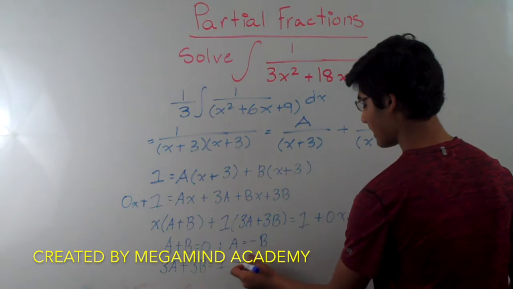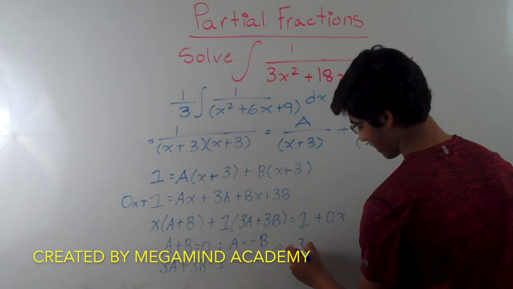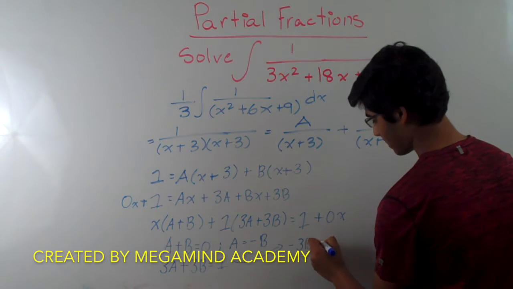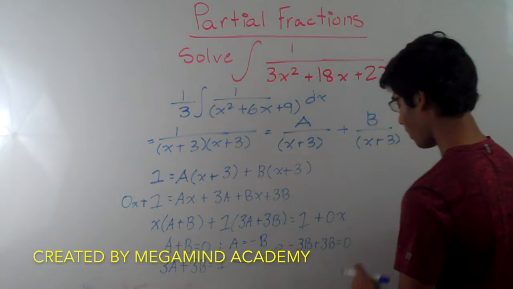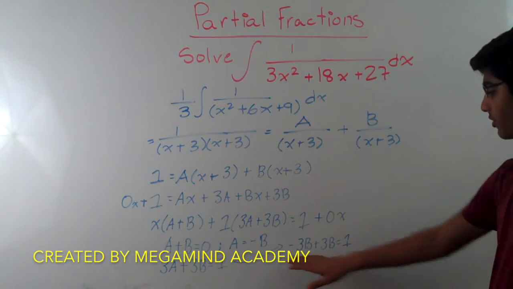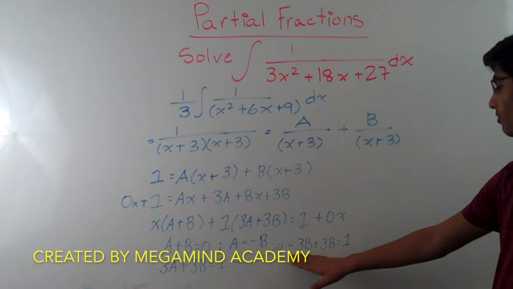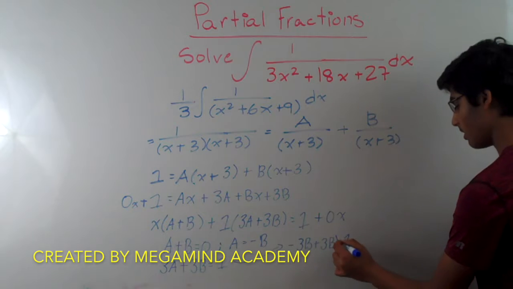If we plug that into this system of equations, we would get negative 3b plus 3b is equal to 1. However, we know that that's not true. We know that negative 3b plus 3b cannot be equal to 1. It must be equal to 0.